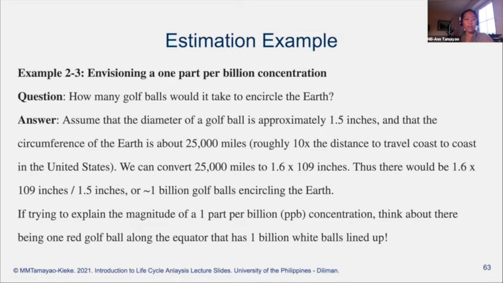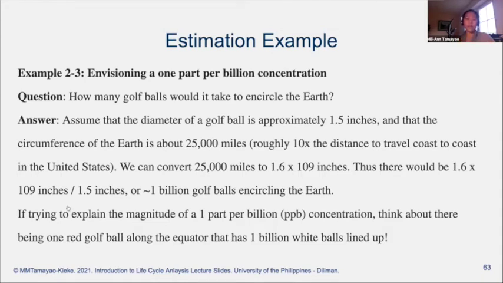Now, if trying to explain the magnitude of a 1 part per billion concentration, think about there being one red golf ball along the equator that has 1 billion white balls lined up. Bakit natin tinitingnan ito? Because sometimes it's so abstract, no, when we present results from our studies. Tayo pa lang, hindi natin masyadong na-visualize what the numbers actually mean.